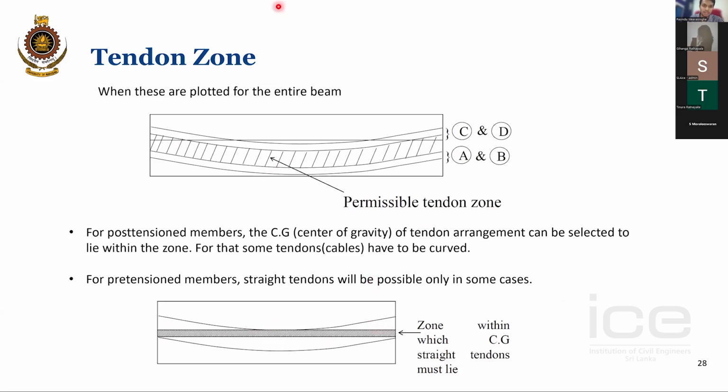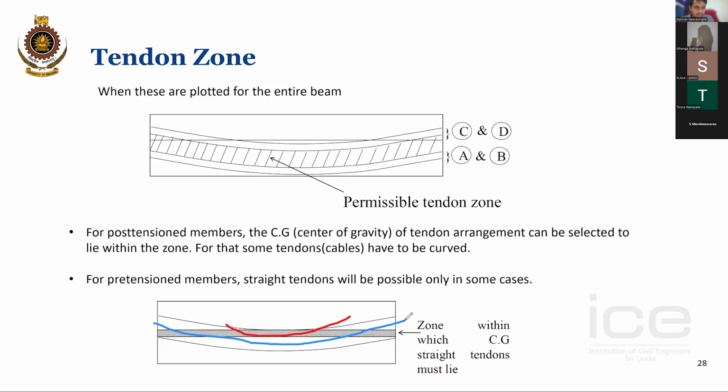Otherwise, let's say by any chance this upper limit is like this, then you cannot provide a straight tendon because the inequalities will not be satisfied. So the next option is to go for a curved tendon profile like this. Right? So the tendon will not be straight any more, it will be a curved tendon.